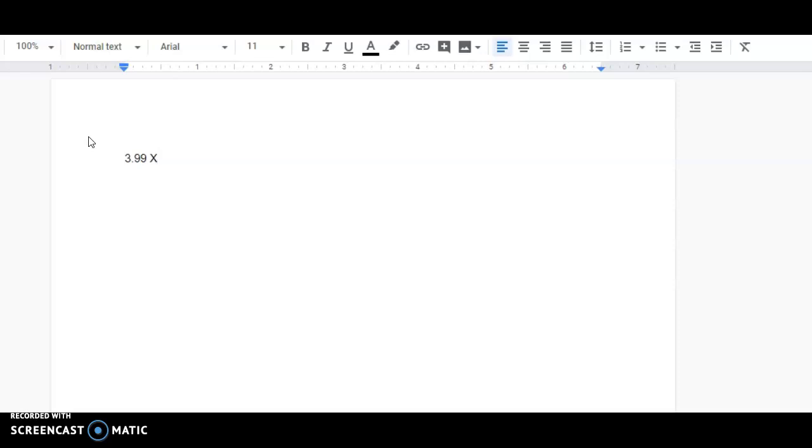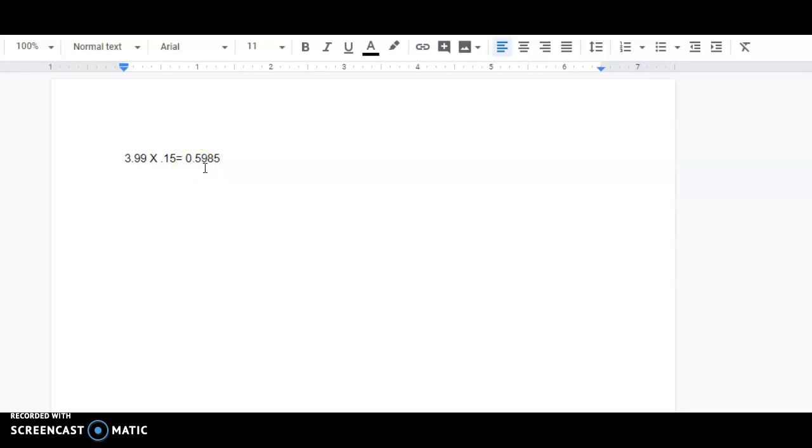So I'm going to put an X for the times button, 0.15. And then you're going to hit the equals button. That's going to give you an answer of 0.5985. Now, when I was saying we have to move the decimal point, that means this decimal point has to come back here.